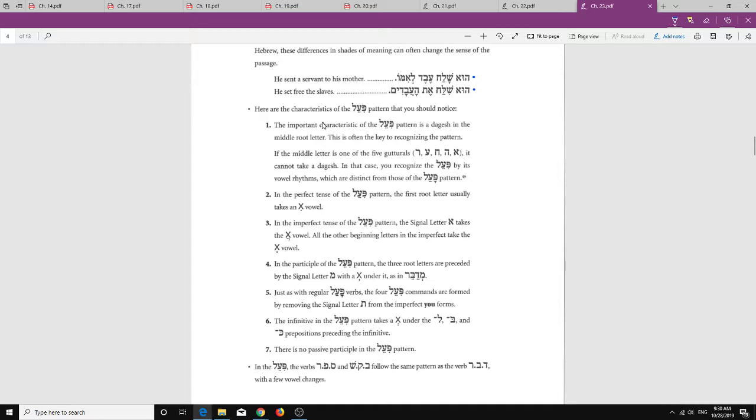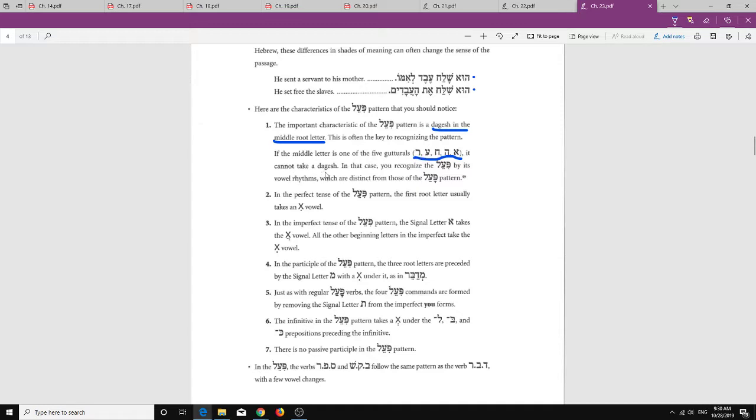Okay, so it looks like we have 7 distinctions here that the authors want to point out. First is the dagesh in the middle root letter. This is probably the most important and helpful one, but remember our guttural letters and our guttural look-alikes cannot take a dagesh.